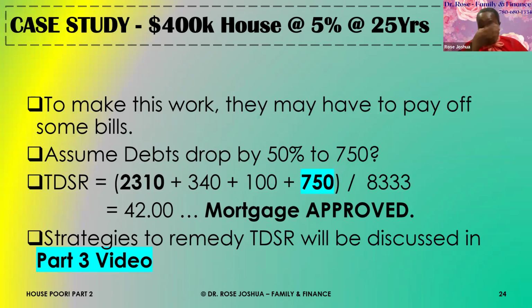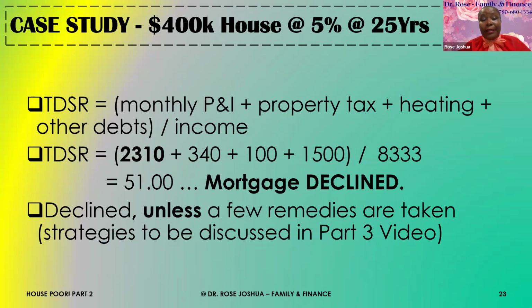Now, in this case, because it's declined at 51%, one of the things the mortgage broker can tell you is that your bills may be a bit high, so go back and pay off one of the credit cards or both credit cards or half of the line of credit, stuff like that.